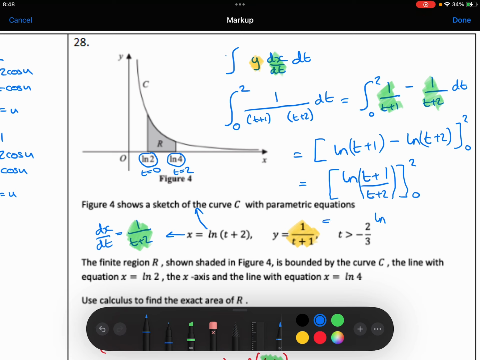We'll get ln of 2 plus 1 over 2 plus 2, minus, now substitute the 0 in, 0 plus 1 over 0 plus 2. Now, ln 1/2 is the same thing as minus ln 2.